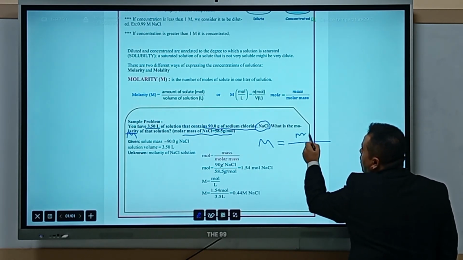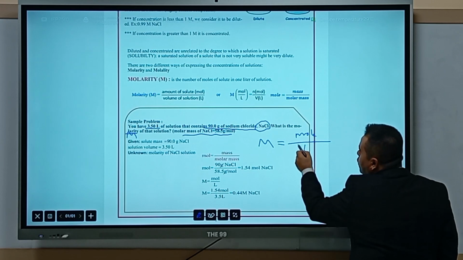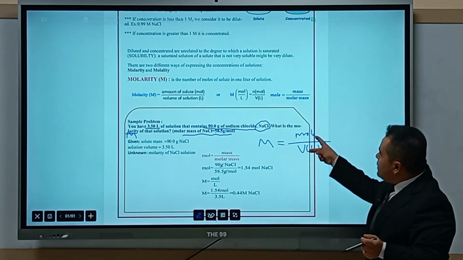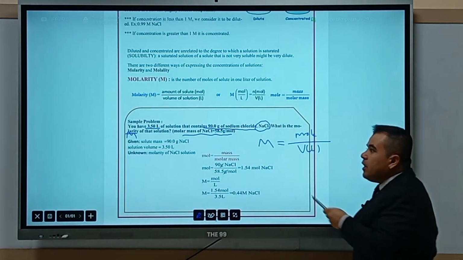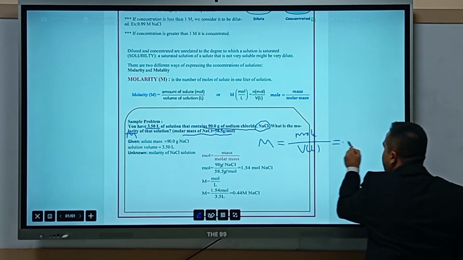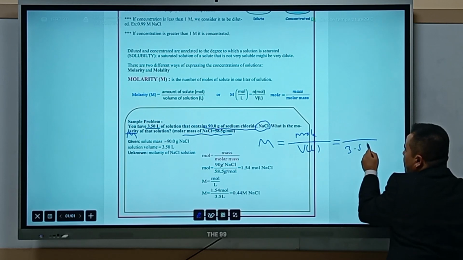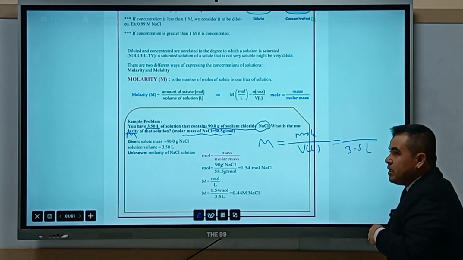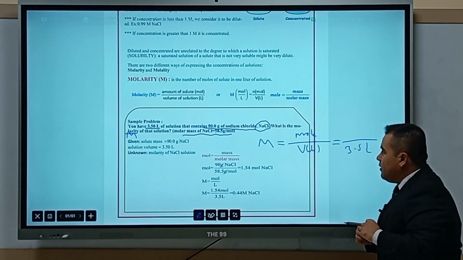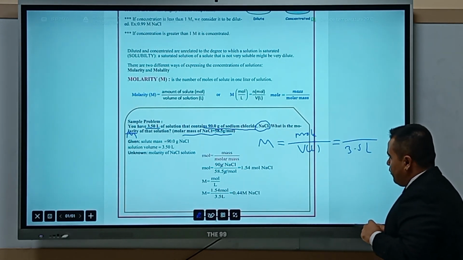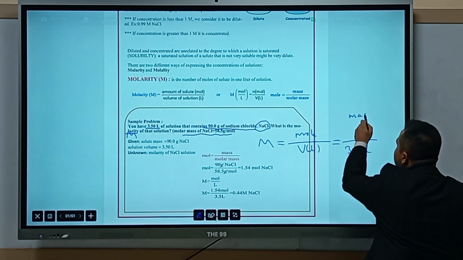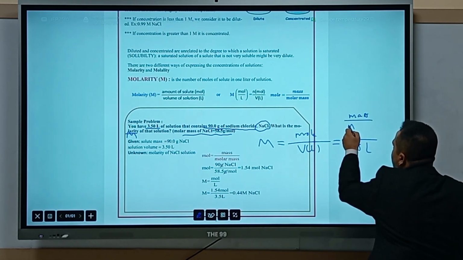Molarity is equal to the mole of the solute per volume in liters of solution. So which of these two is given directly? Of course, the volume is given directly, so 3.5 liters of the solution is given. How about the mole? The mole is given but indirectly. So the mole is equal to mass per molar mass.